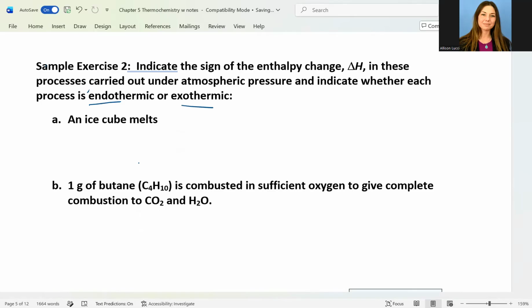So let's think about when an ice cube melts. So we have solid H2O, and that's going to turn into liquid H2O. So we go from a solid phase to a liquid phase, if we were to simplify this.